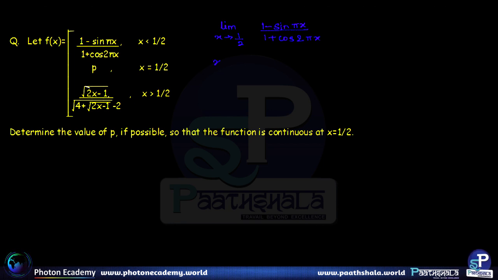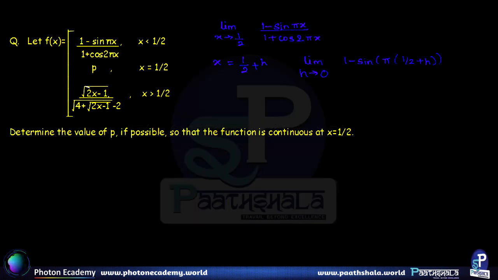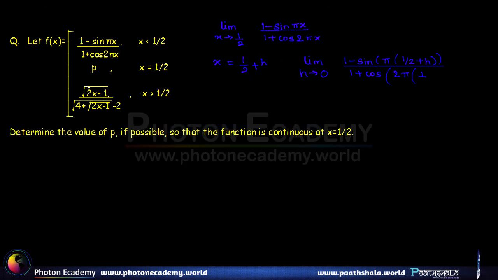Let's replace x everywhere by half plus h, and the reason for doing that is that now we can write the limit as h tends to 0, and it will become 1 minus sine pi into (half plus h), upon 1 plus cos 2 pi into (half plus h).